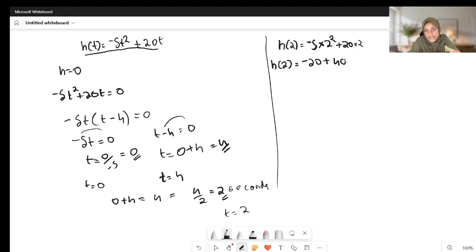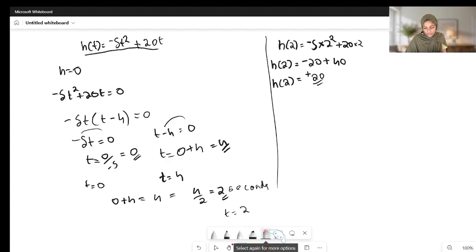So minus 20 plus 40 is going to be positive 20. So we found that the maximum height of the ball while it's thrown into the air is 20. Just like that, we found the maximum height.